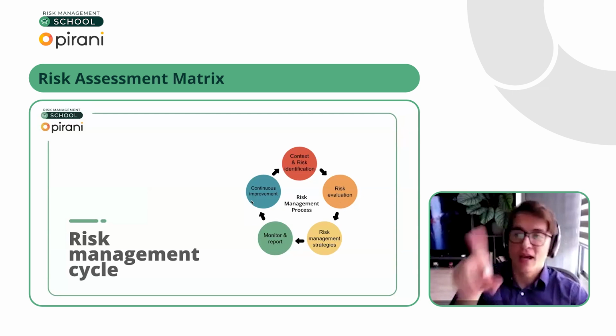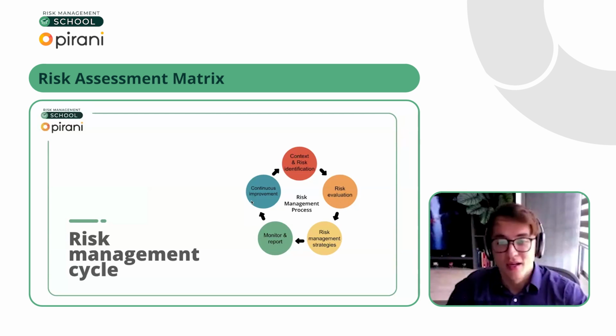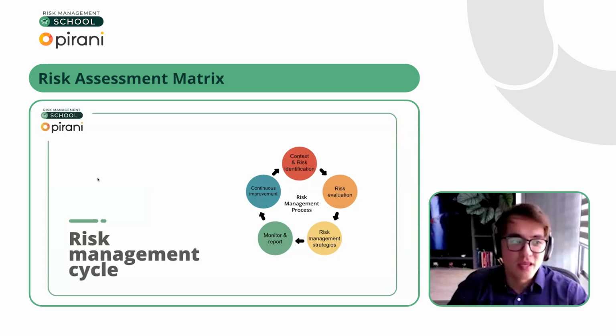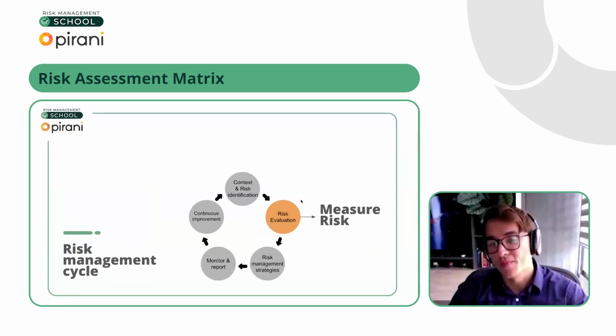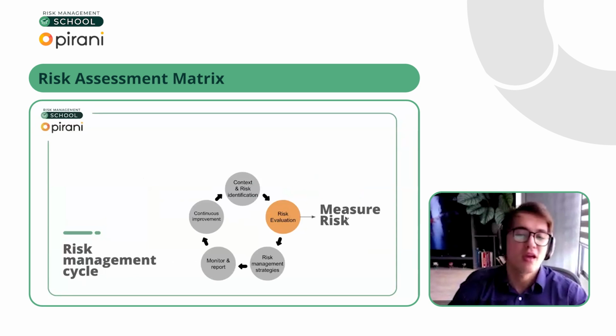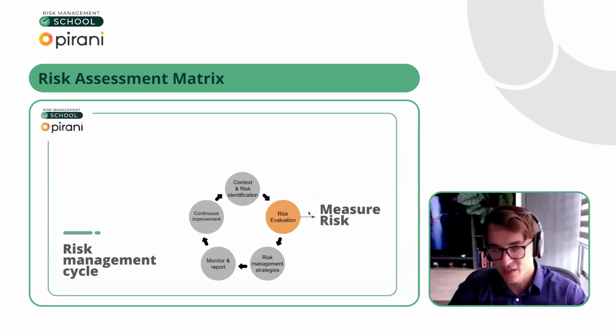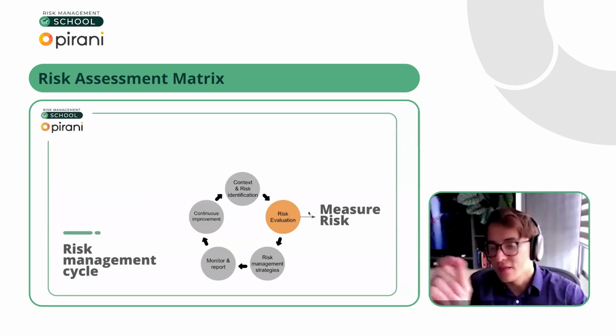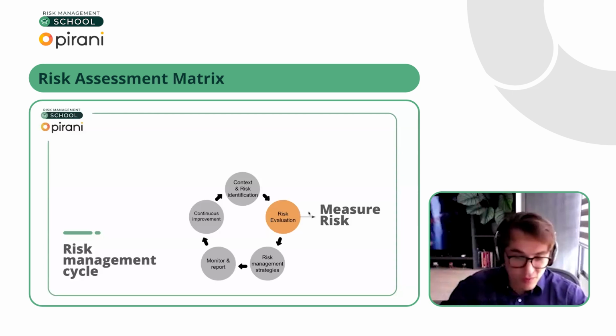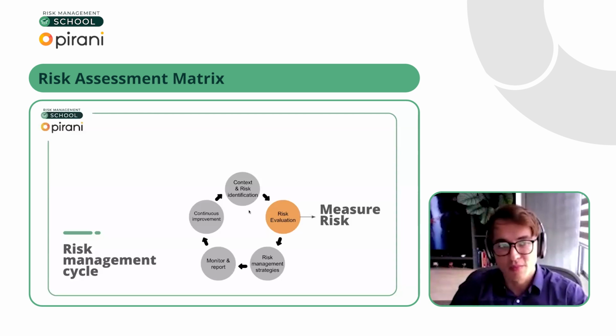And again, as a cycle, it needs to be repeated. But as the name says, risk assessment matrix, we're going to focus on this specific step of the cycle, that is risk evaluation or assessment or rating or measuring risk. So we're not going to go deep into all the other processes, maybe some overview, but we're going to go deep into this.